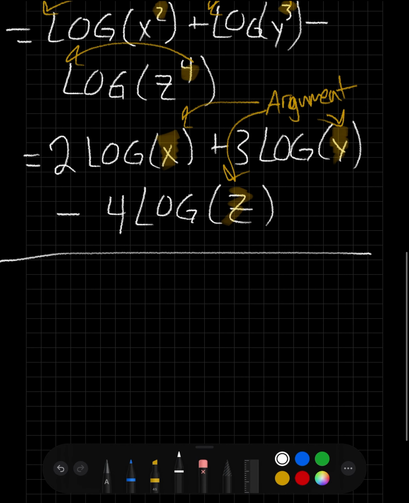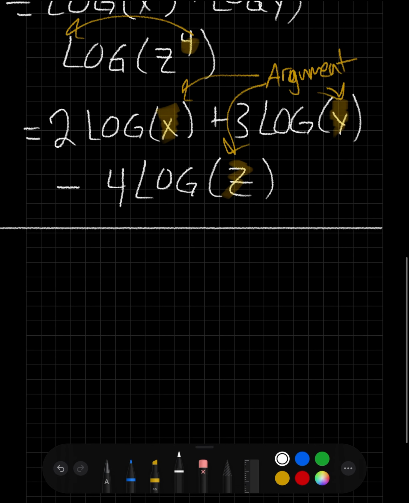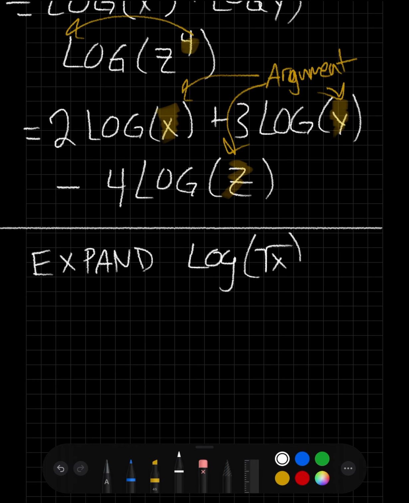That's one example. Let's try another one. This one relies on you to remember some previous information about square roots and exponents. So what if I told you to expand the log of the square root of x? You might say, Sarah, I don't see products, I don't see quotients, I don't see exponents.